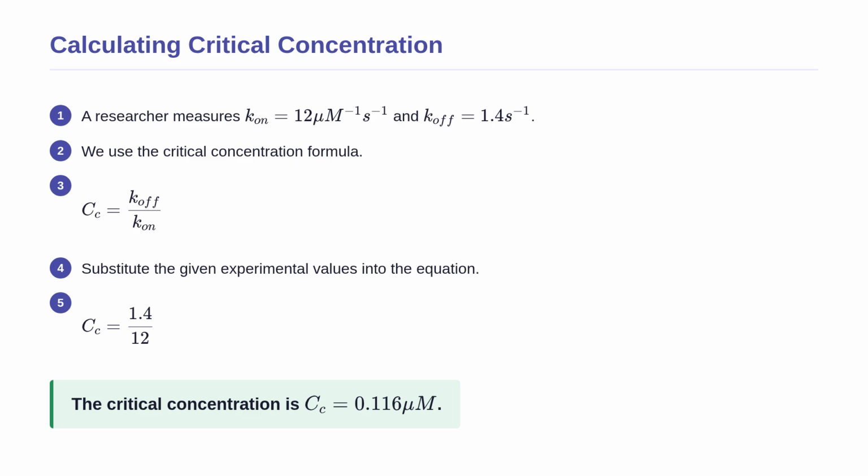We choose our formula because it directly relates these two rate constants to the equilibrium point. By plugging in 1.4 for the numerator and 12 for the denominator, we set up a simple division. The result is 0.116 micromolar. Physically, this means if the test tube has exactly this concentration of free actin, the filament's plus end will remain perfectly stable, experiencing no net growth or shrinkage.